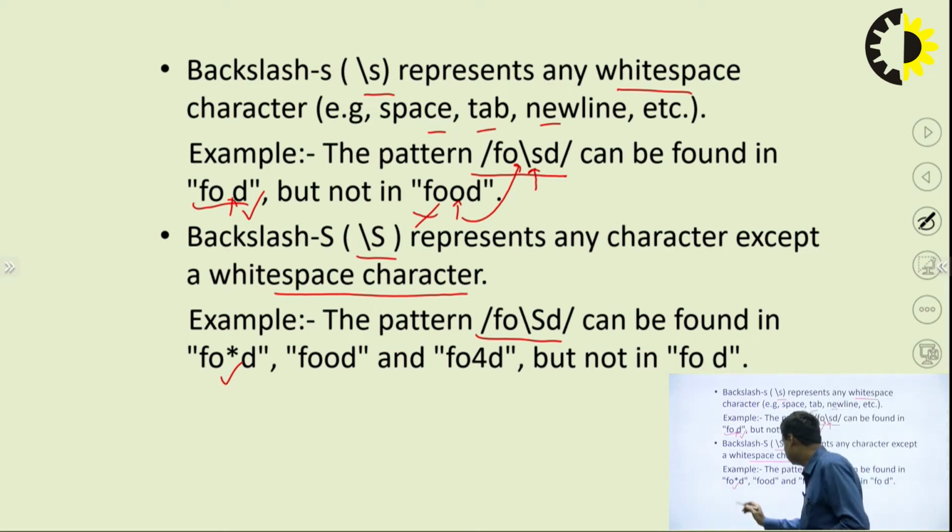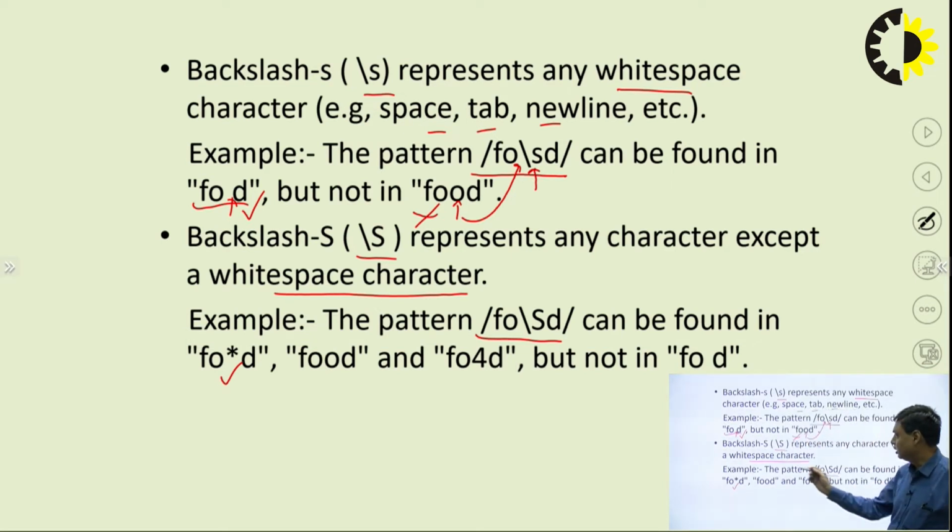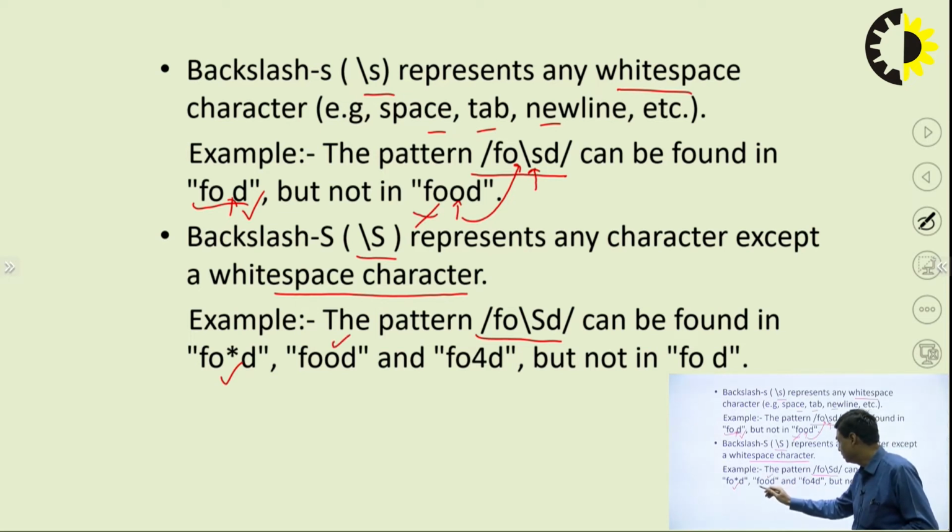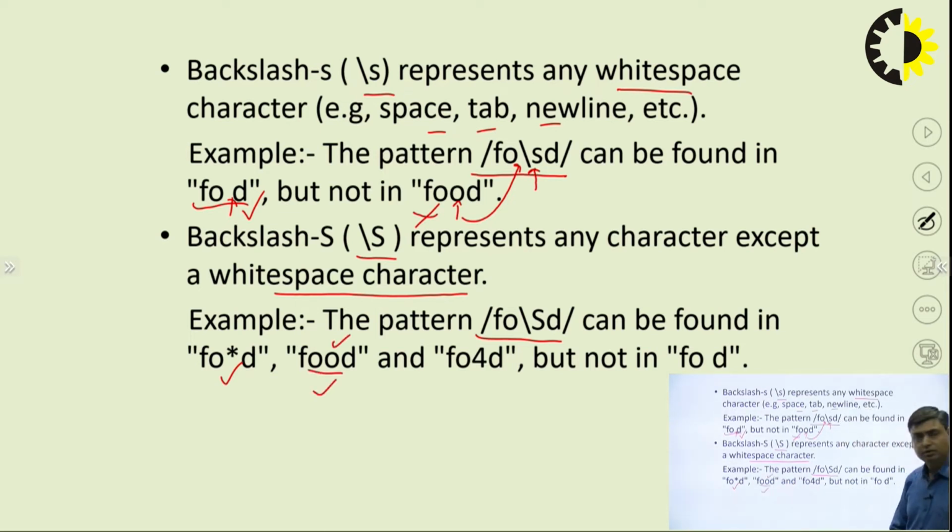Obviously it is valid because at this position we have a star, we are permitting it, and because we are using backslash S, this is also valid. So the whole string is valid. Digits are permitted at this position, so this string is also valid. But this string is not valid because here we are using a space. So this is invalid. It is not permitted as per this regular expression.